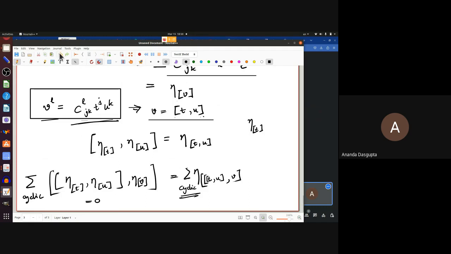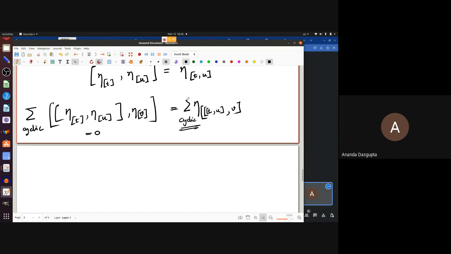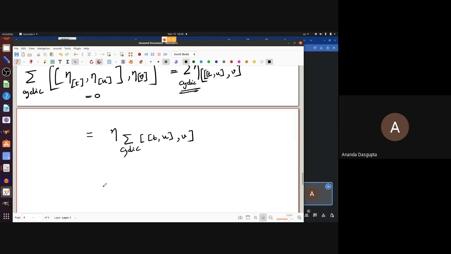And what does that mean? That means that the cyclic sum of this bracket, which is not the commutator bracket, will have to keep on obeying this property. If you take the cyclic sum of T, U with V, this also holds.